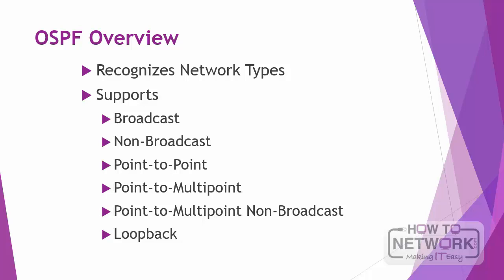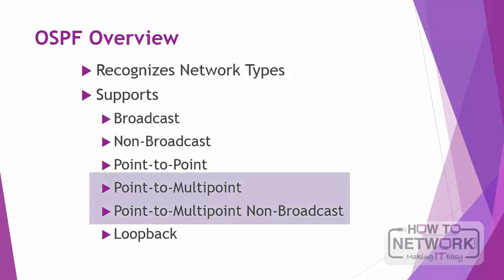OSPF automatically selects the network type that is the most appropriate for the given technology. So for example, if you configure OSPF in a broadcast-based Ethernet environment, it will default to the broadcast type. If you configure it on a Frame Relay interface, it will default to the non-broadcast type. And OSPF configured on a point-to-point serial link will default to the point-to-point network type.